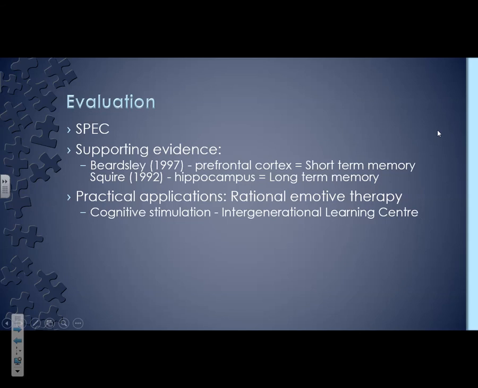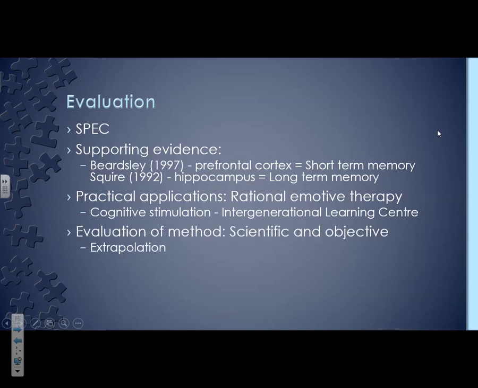It's a daycare centre that's mixed with the elderly and also with very, very young children between the ages of 6 weeks and 5 years. And the idea is that it's to stimulate the elderly cognitively, and that reduces their chances of contracting Alzheimer's and many other kinds of brain-related, cognitive-related illnesses. And of course, again, strength of practical applications increases validity.